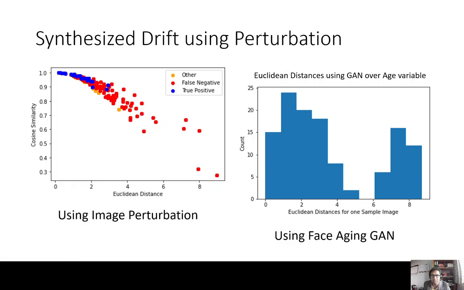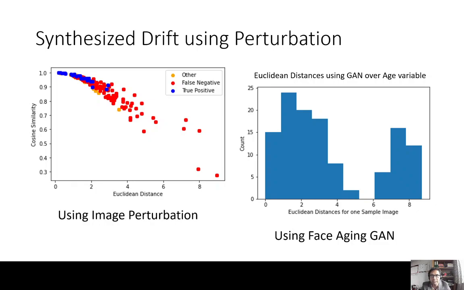over the age variable. So GAN has a problem: we have to do an adaptation over the model, over the image, or we have to change the image to a different age, and we have to compare the distances over that age and plot the values.